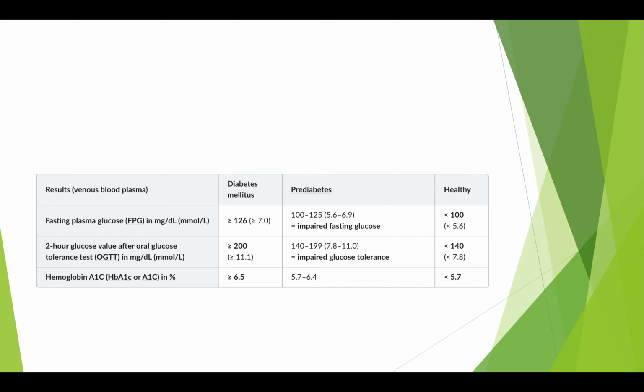If you do a 2-hour glucose tolerance test and find out that he has more than 200, then this patient is also having diabetes because a healthy patient will have less than 140. Another way is by checking the hemoglobin A1C. If it is more than 6.5, this means that the patient has diabetes, because a healthy person will have less than 5.7.